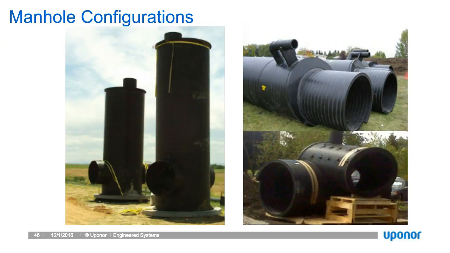One thing on both stormwater and combined sewer overflow projects and just regular projects in general that are conveyance, we do quite a bit of manholes. The nice thing about our capabilities in manholes is that we're able to produce extremely large, complex geometries. You can see on the bottom right-hand side there we have a fairly complex junction structure that to produce that in concrete would be extremely difficult.